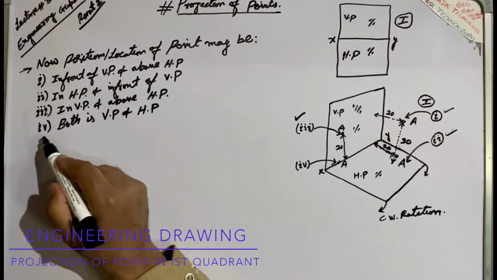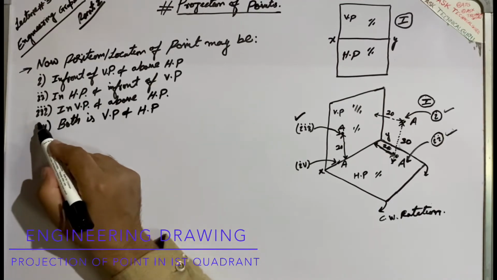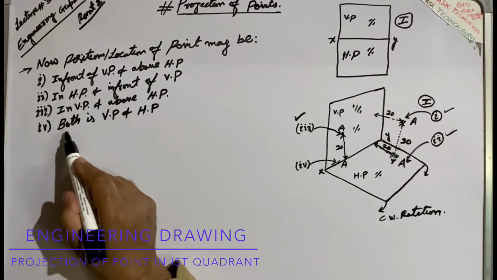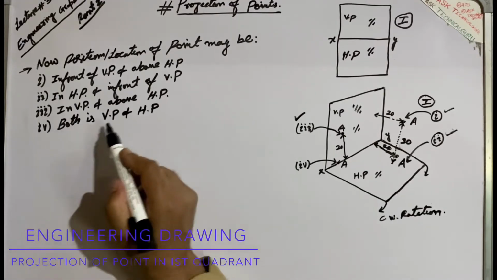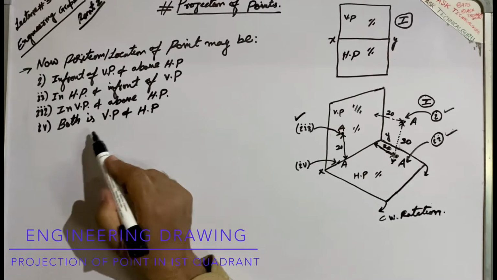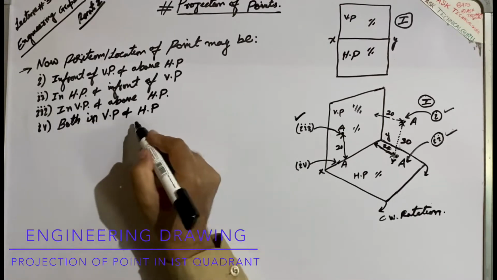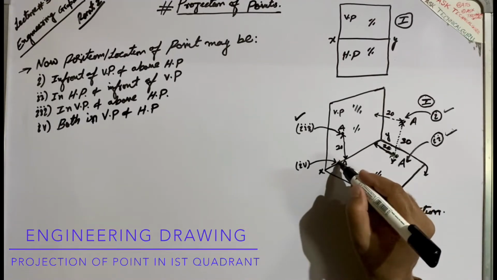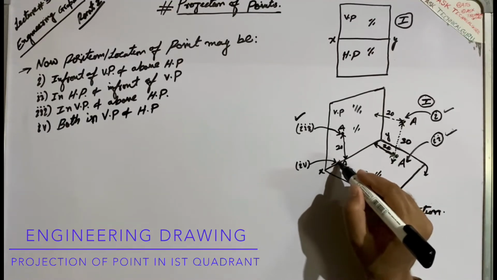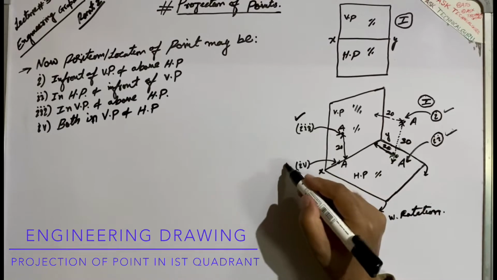And condition number fourth and last condition is that the point may be both in the vertical plane and horizontal plane. That location is this. This is condition number fourth.